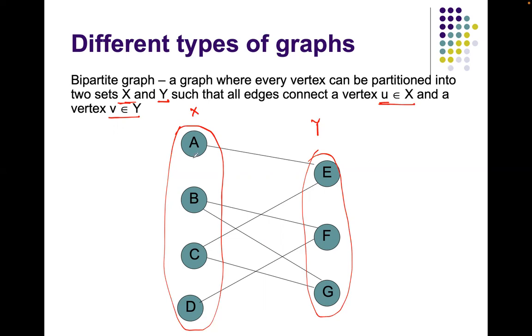If we have an edge like A to B where both A and B are from the same set, that means it's not a bipartite graph.